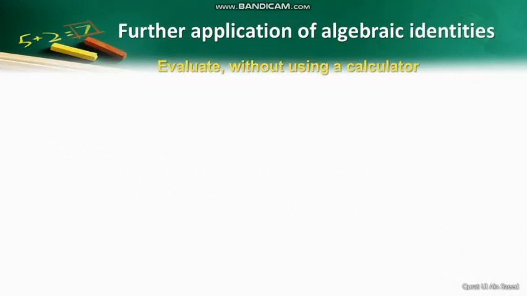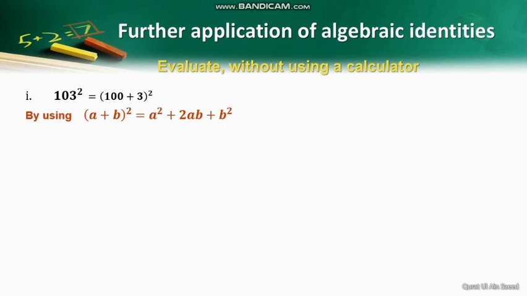Here is some further application of algebraic identities, especially in situations where the use of a calculator is restricted. For example, finding the square of 103. We can easily split 103 as the sum of two numbers whose squares are known to us, that is 100 plus 3. So it becomes the perfect square of a sum. Clearly, it's the case of the first identity.